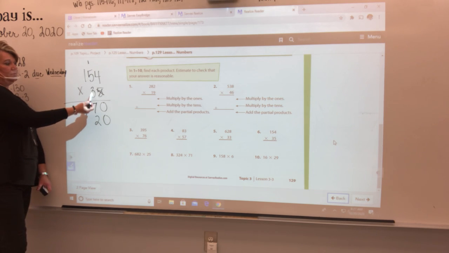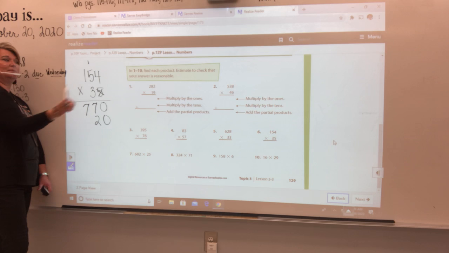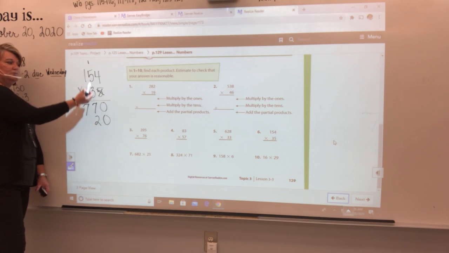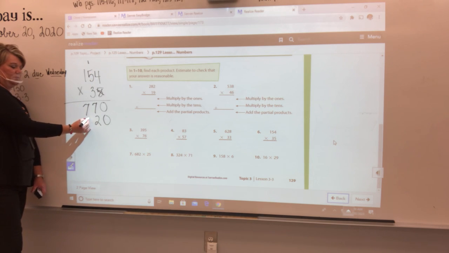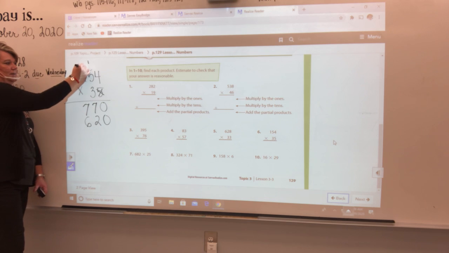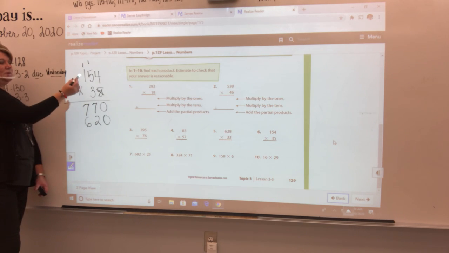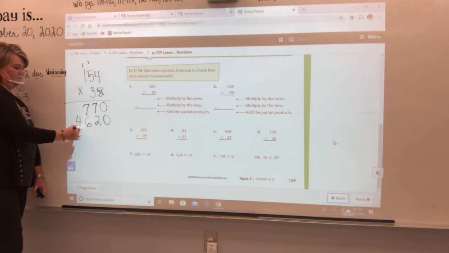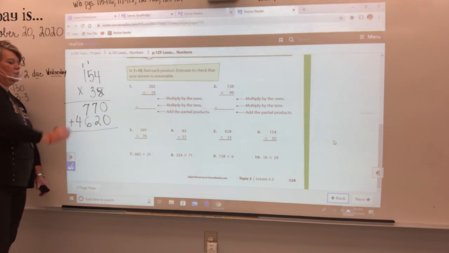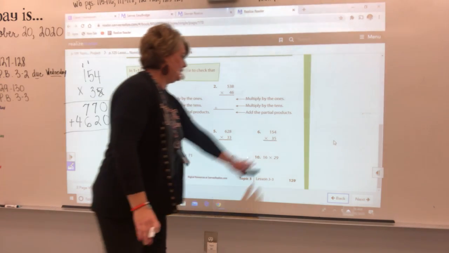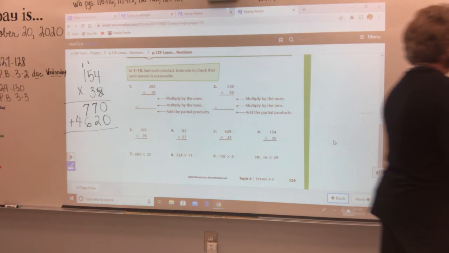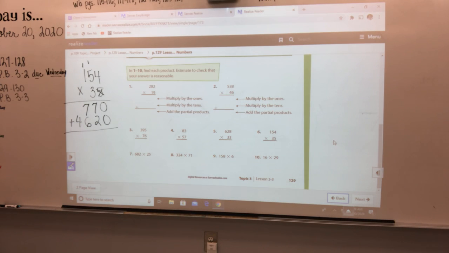Okay, here we go. 3 times 5 would be 15. Let me get the question out first. 3 times 5 is 15. Plus 1 more would be 16. Carry a 1. And 3 times 1 is 3. Plus 1 more is 4. Now let's add. You add, and you put the answer right there on number 6. Because it's not fair for a couple of people to do all the work.